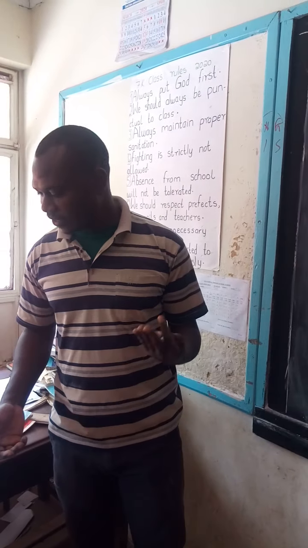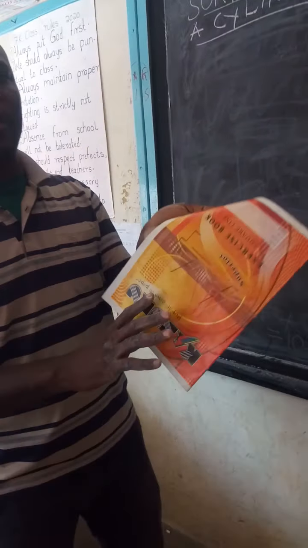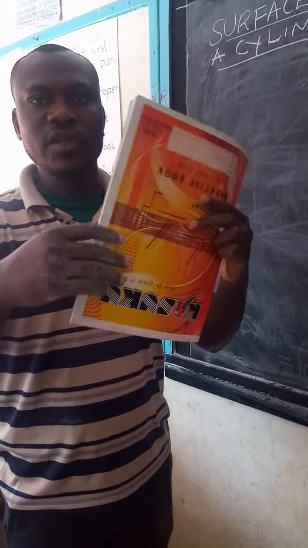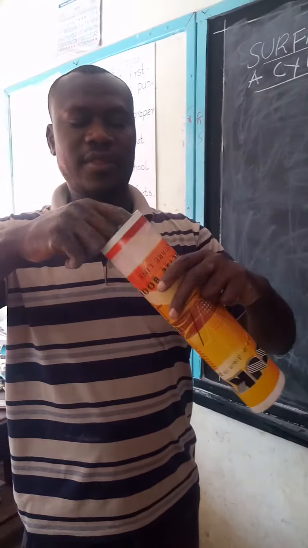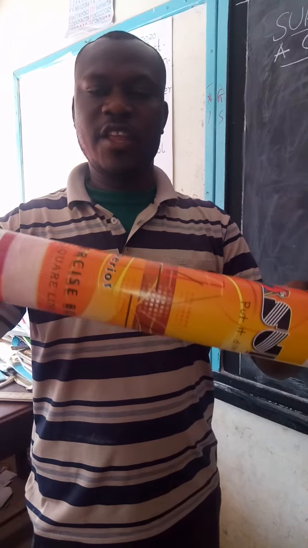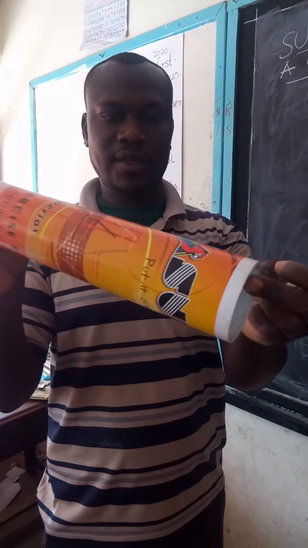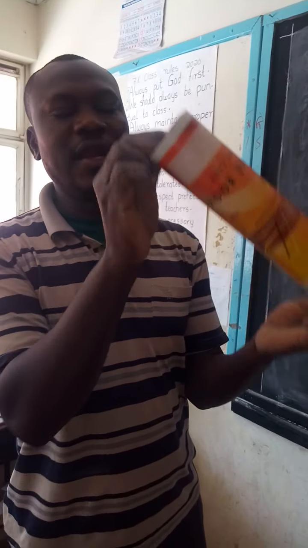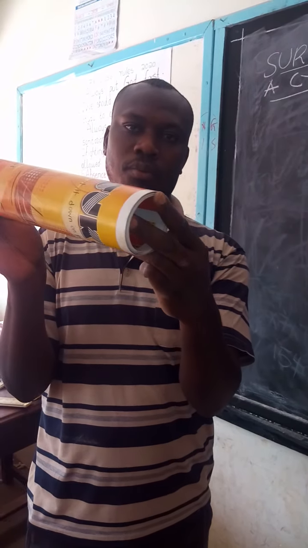A cylinder is just a simple thing. For example, if you have a book or any rectangular figure like this, if you choose to fold it like this, it will form a cylinder. So this is what we call a cylinder. A cylinder can have a lid at the bottom and another lid at the top.